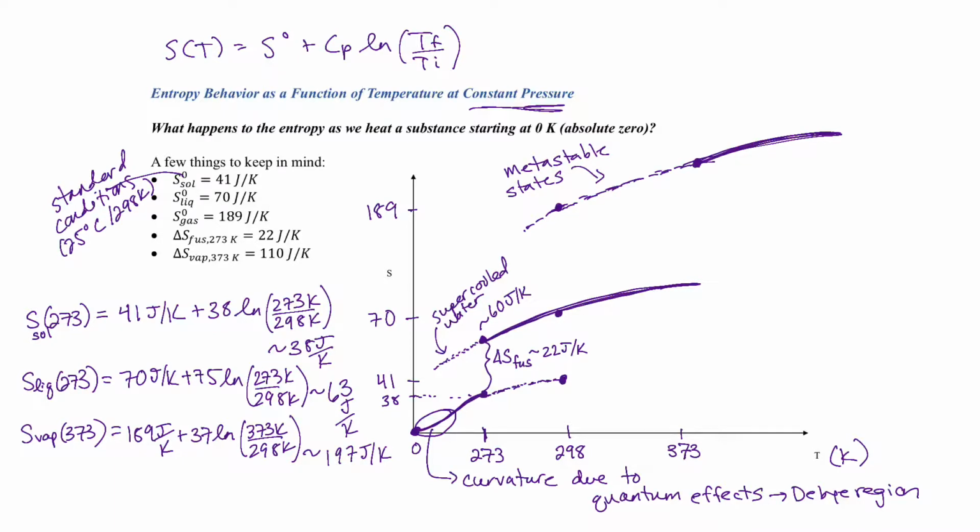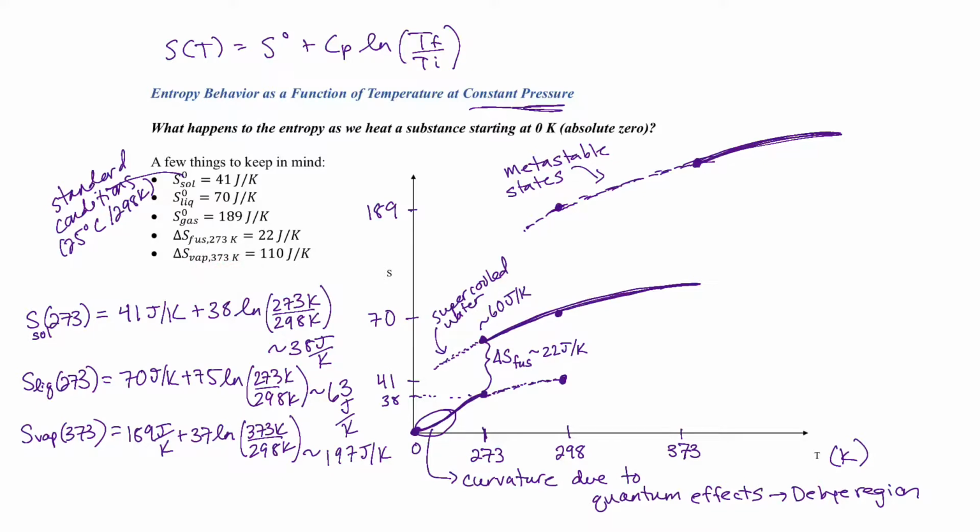So let's finish putting in some of the other labels that we can identify here. Here we have some information about a delta S of vaporization at 373.